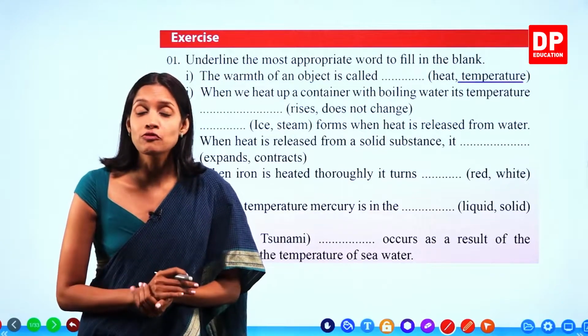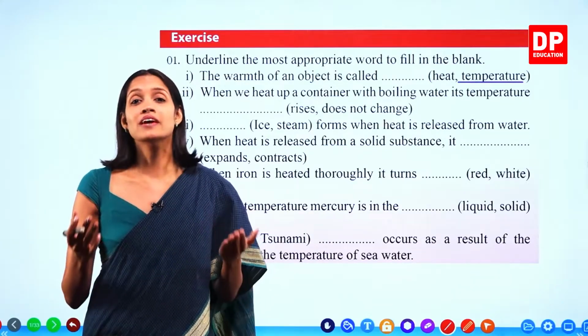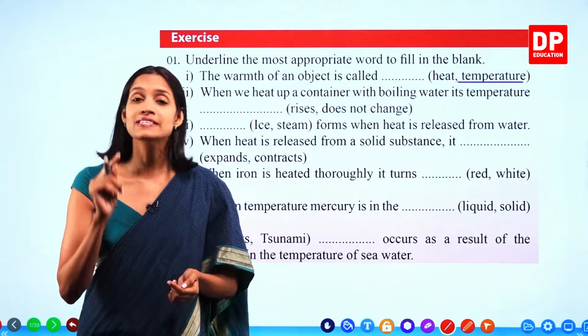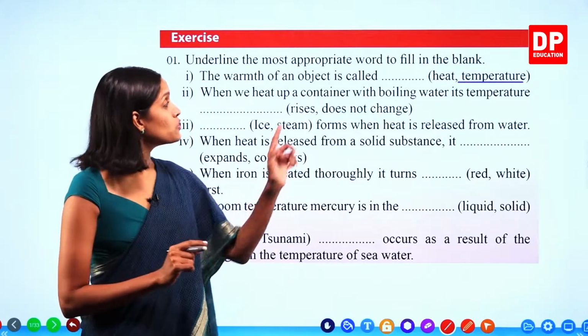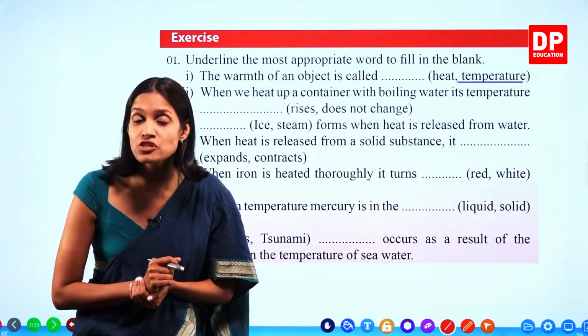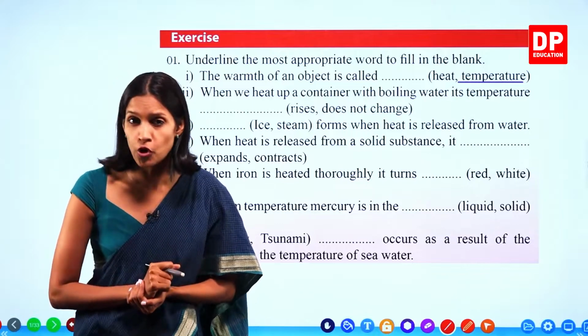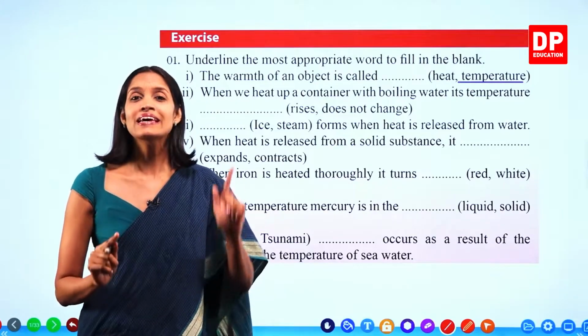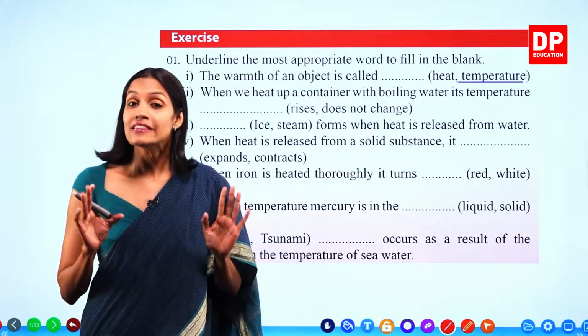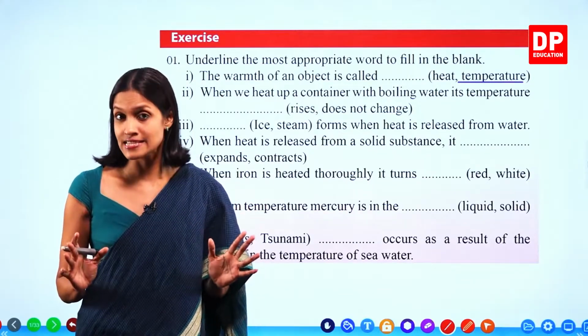So, while heating water, you all observe that the temperature of the water increases. And at one point, the water started to boil. So, do you remember when we were observing the temperature change during the time the water was boiling? What happened, children? It remained the same. So, what was this temperature, children? That was 100 degrees Celsius.